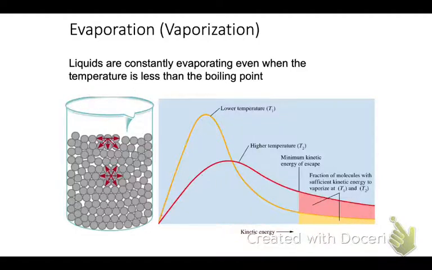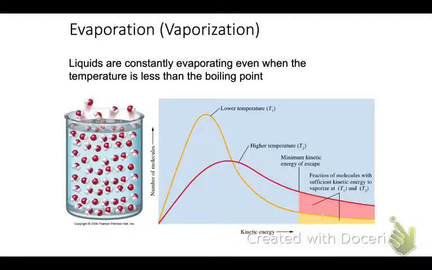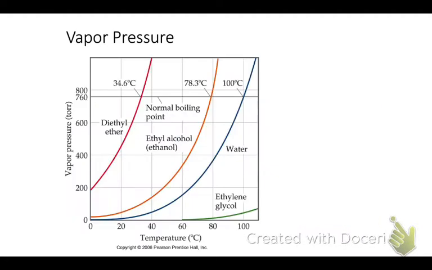So it's natural that at higher temperature more of them will have that amount of energy to escape the surface, and then they become what we call gas above the liquid, causing what we call vapor pressure.